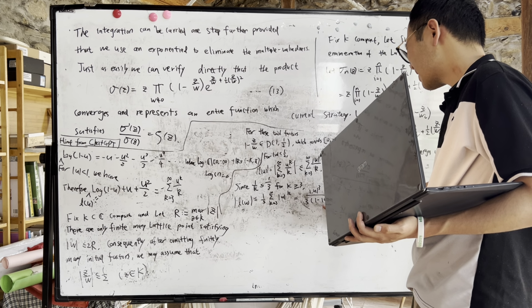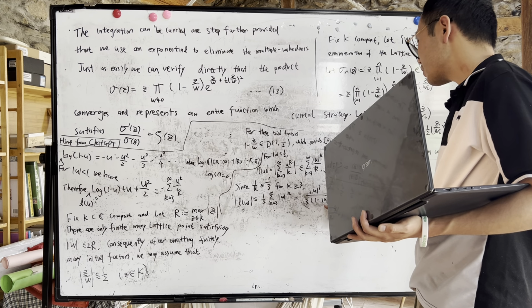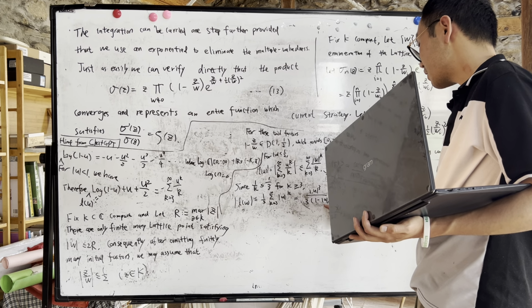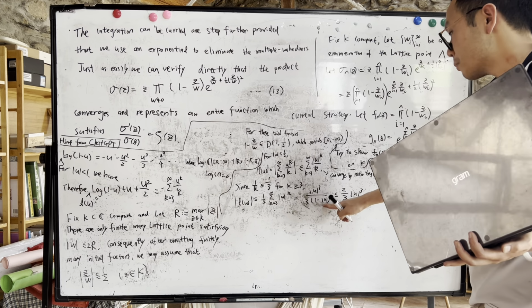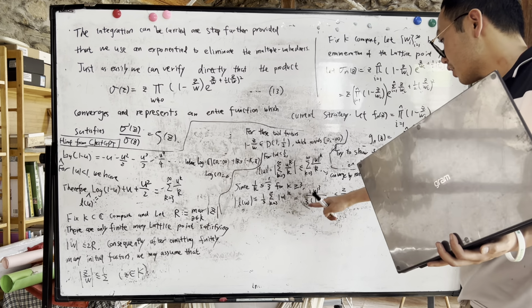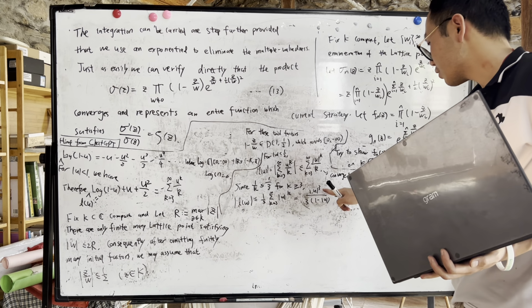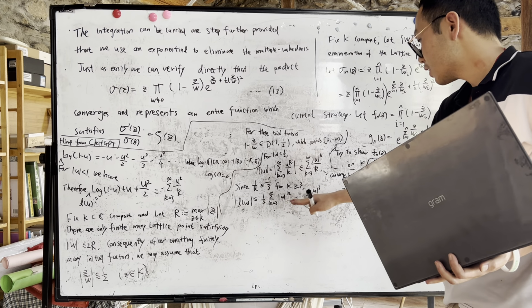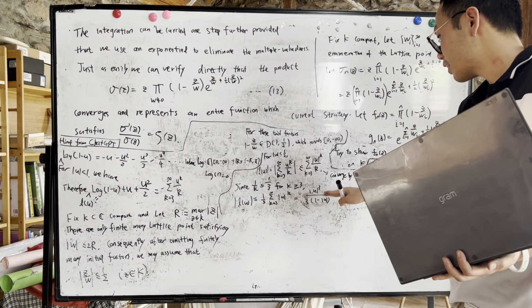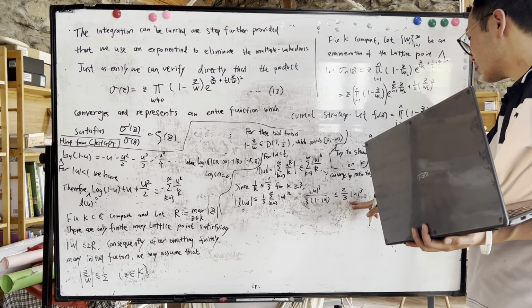So this is the geometric sum formula, and this 3 comes from here. So this u cubed, you can think of it like that. And then this is less than or equal to that.